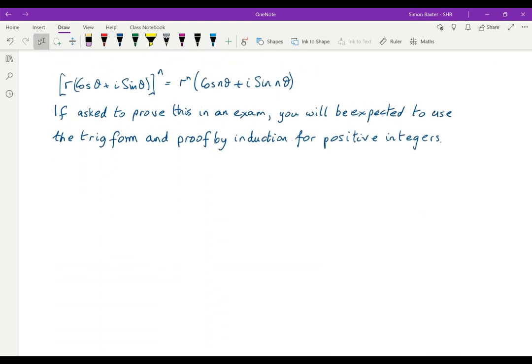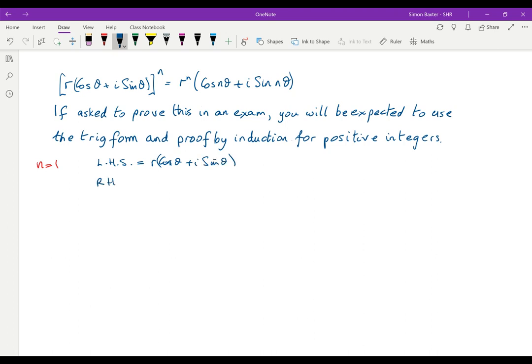If we're doing proof by induction, then we start with n equals 1. If n equals 1, then the left-hand side of the top there is just r cos theta plus i sine theta.